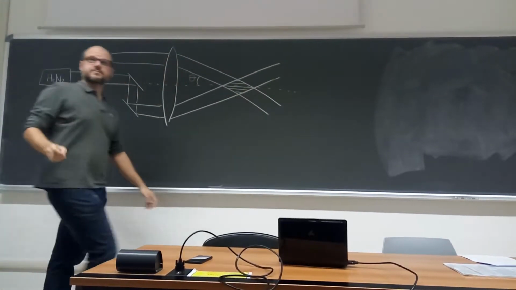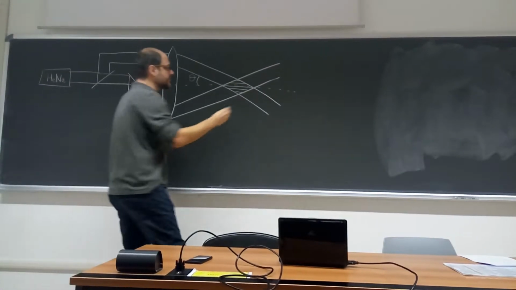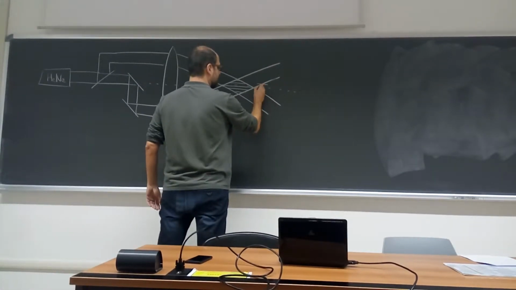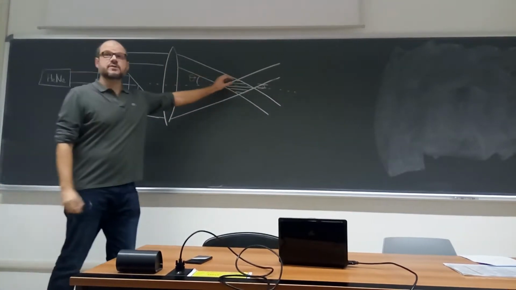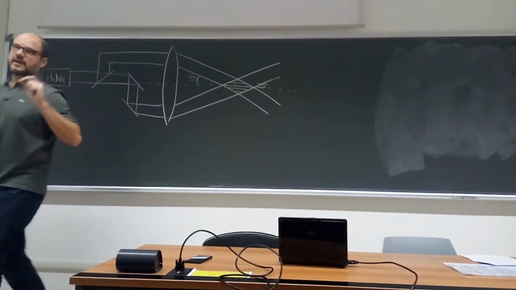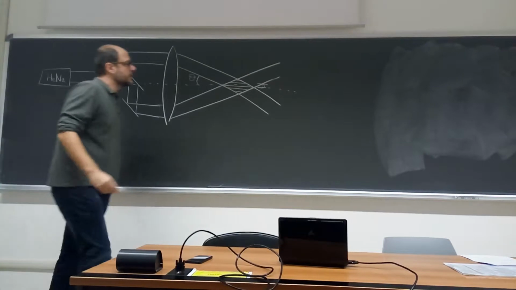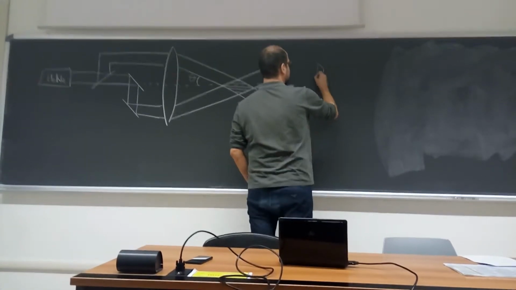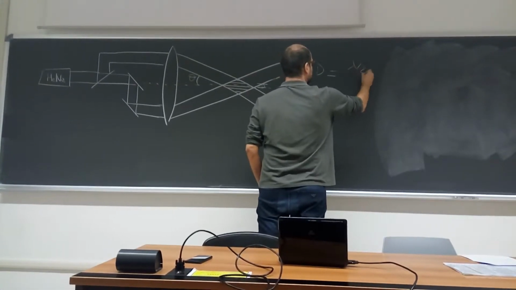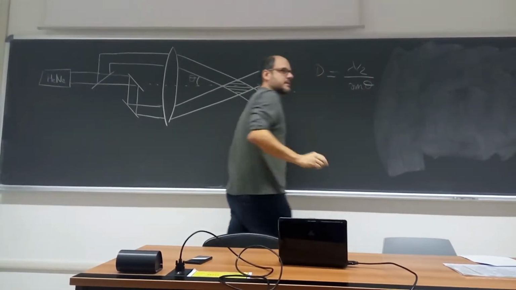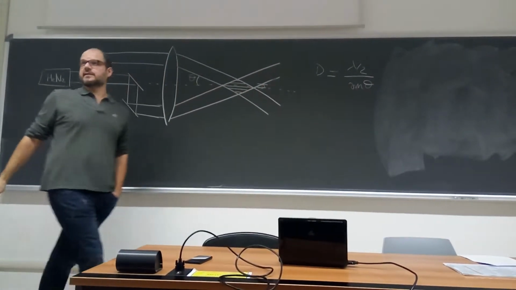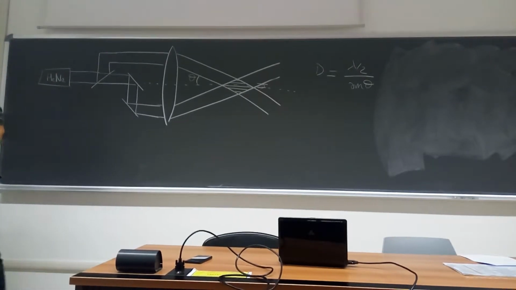The most important thing to remember is this distance d, the distance between fringes. In particular, this is given by the wavelength of emission divided by the sin function of the angle theta.